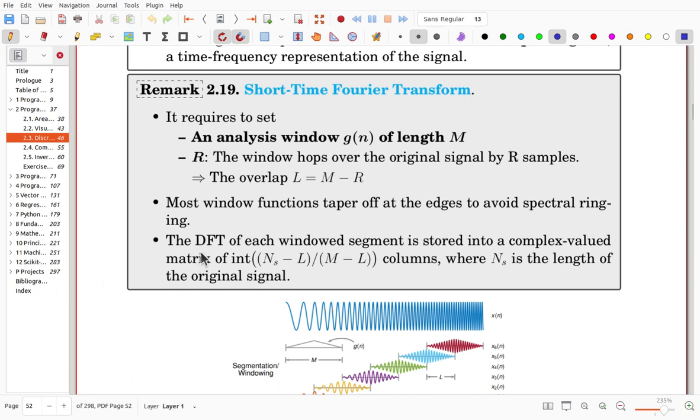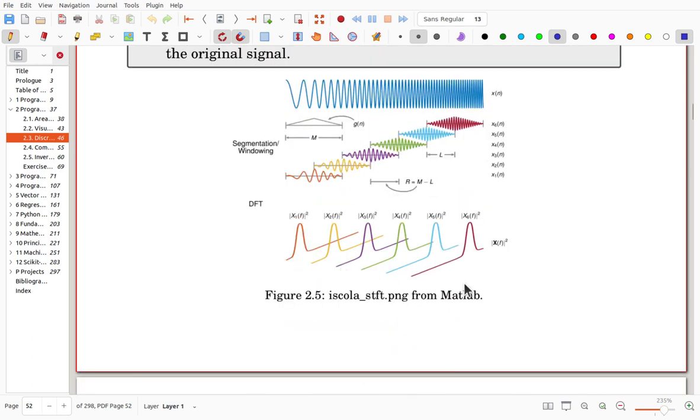The discrete Fourier transform of each windowed segment is stored into a complex valued matrix of this many columns. Here, n sub s is the length of the original signal. Let's see this picture. I copied it from the MathWorks information website.